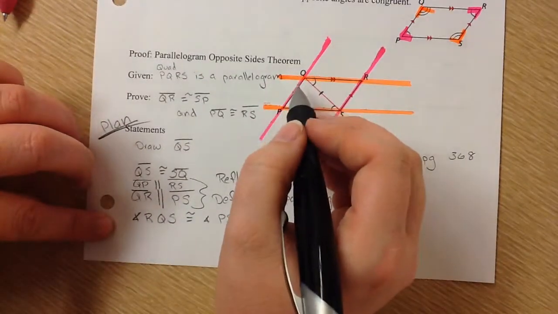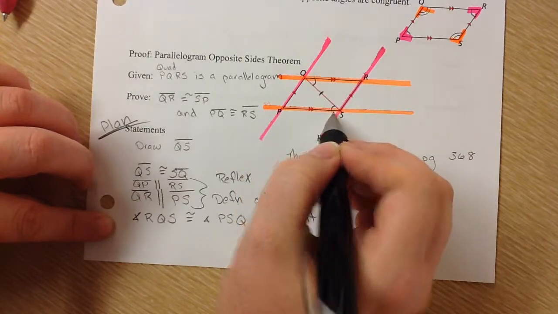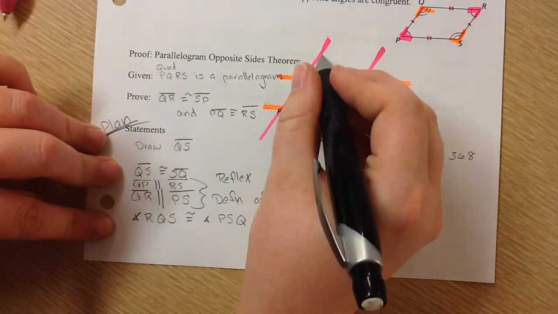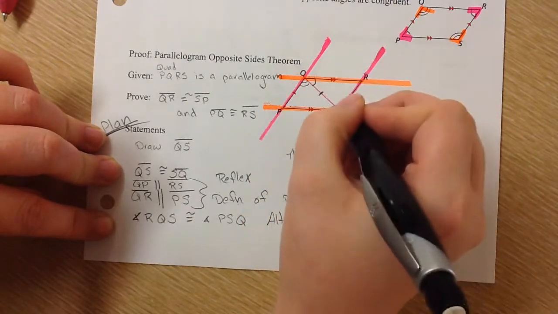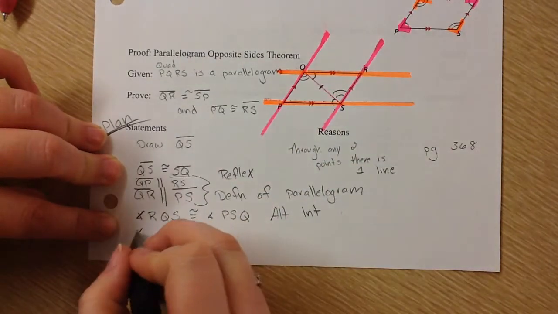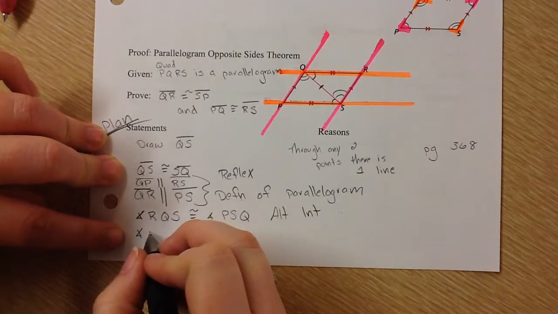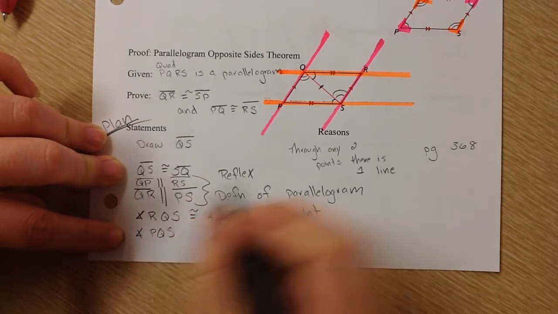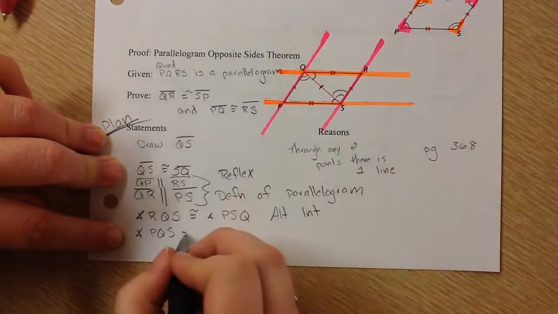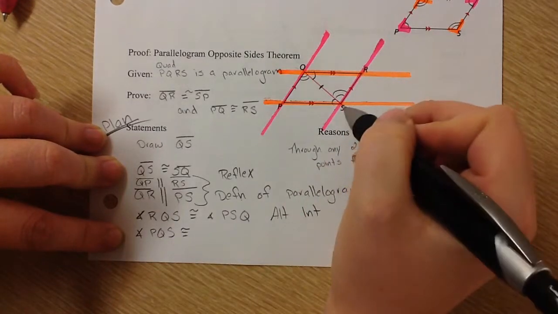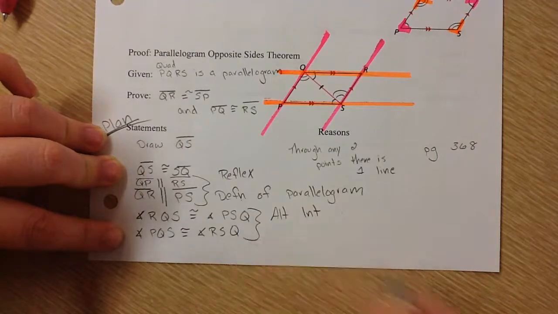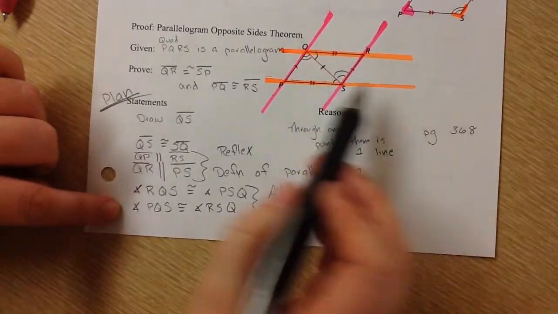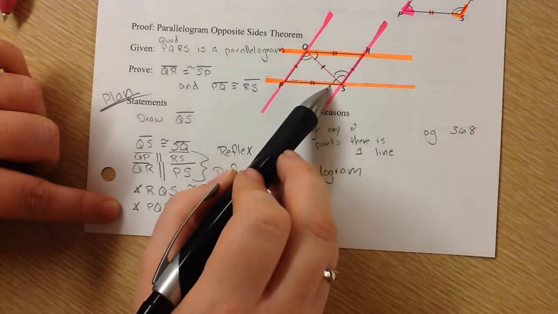So then not only do we know these two angles are congruent, we also know that using this transversal, this angle is congruent to this one, again using alternate interior angles. So then we can say angle PQS is congruent to RSQ.